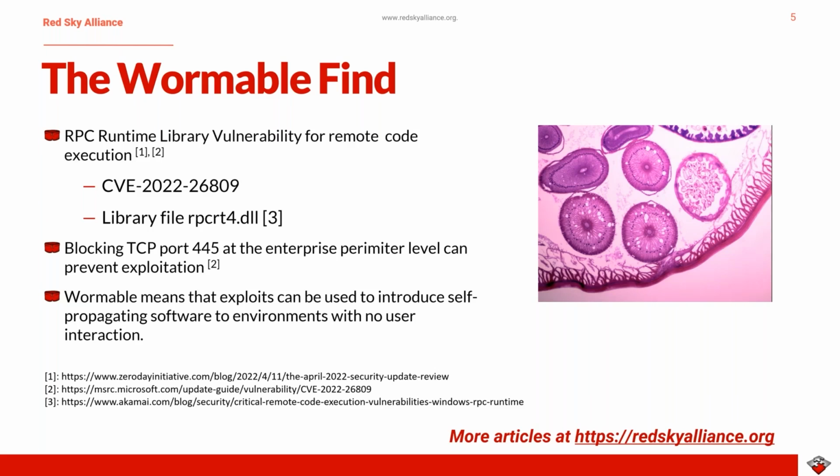Now, the wormable CVE that we're going to focus on today is CVE-2022-26809. And this one has a very high security rating of CVSS 9.8, and it actually has to do with the RPC runtime library.